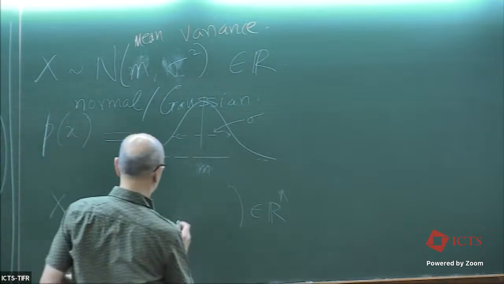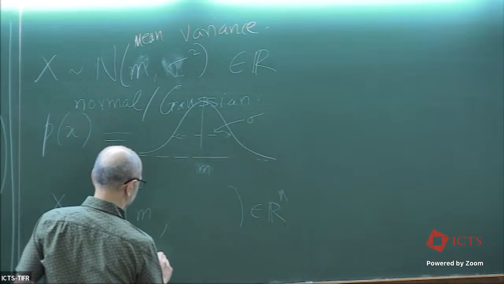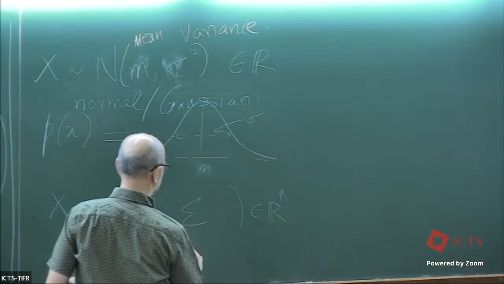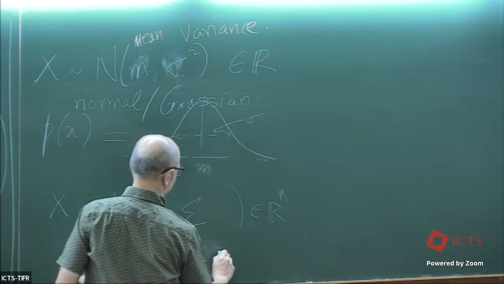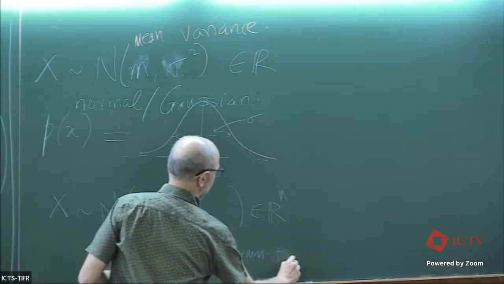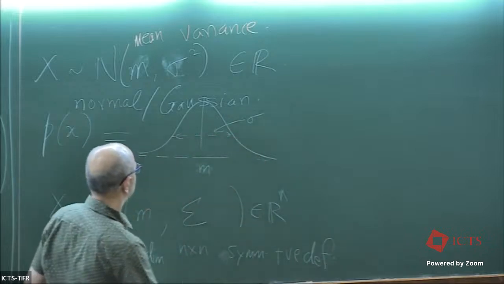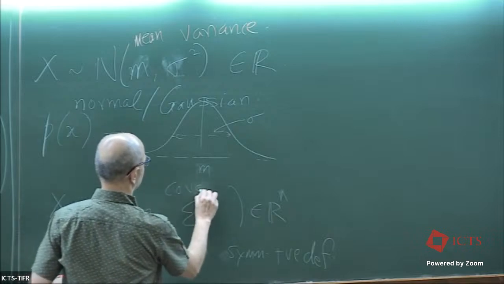So this is an n-dimensional vector and sigma, which is an n cross n matrix. Symmetric, positive definite. So this is what is called a covariance.